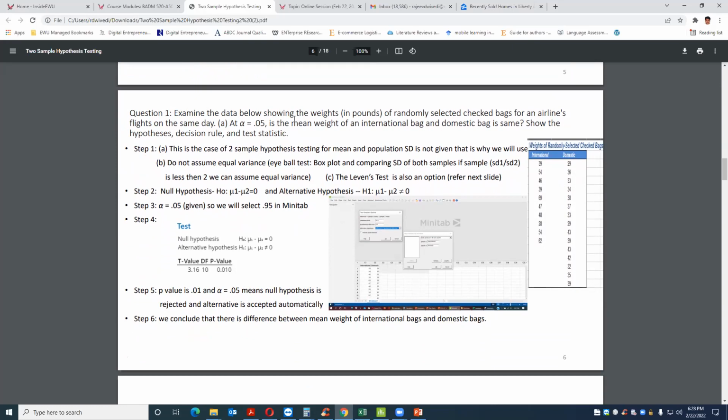Examine the data below, showing the weights in pounds of randomly selected checked bags for an airline flight on the same day. At the 5% level, is the mean weight of international bags and domestic bags the same? So basically it is asking whether the mean weight of both flights is the same or not.